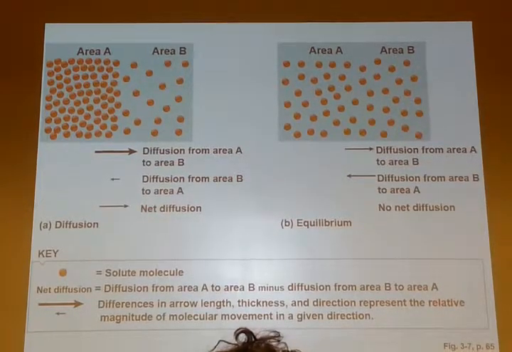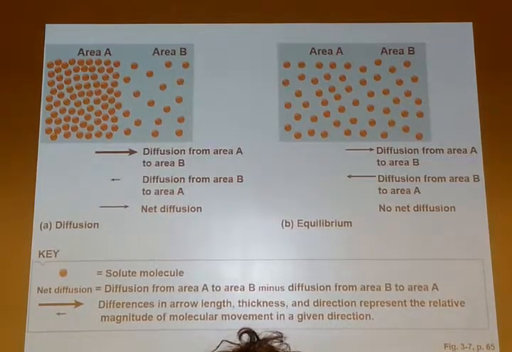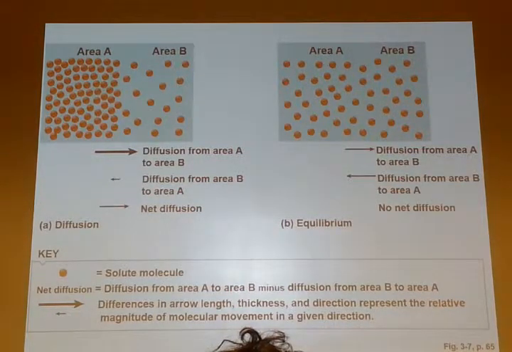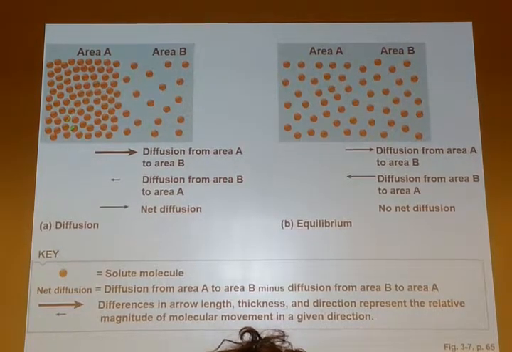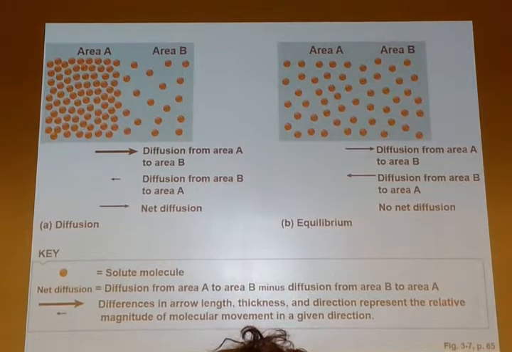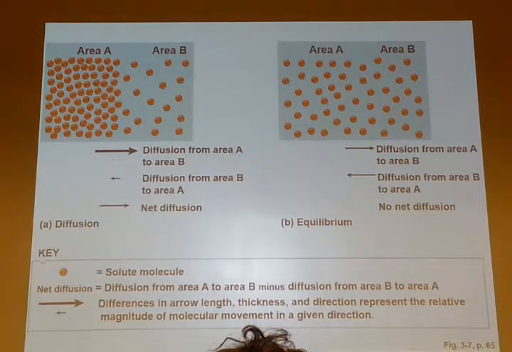Here we've got no permeable membrane, just high concentration to the left, low concentration to the right. Same particles, but lower in B, higher in A. There is going to be diffusion to the left from lower to higher, but net diffusion is going from left to right.